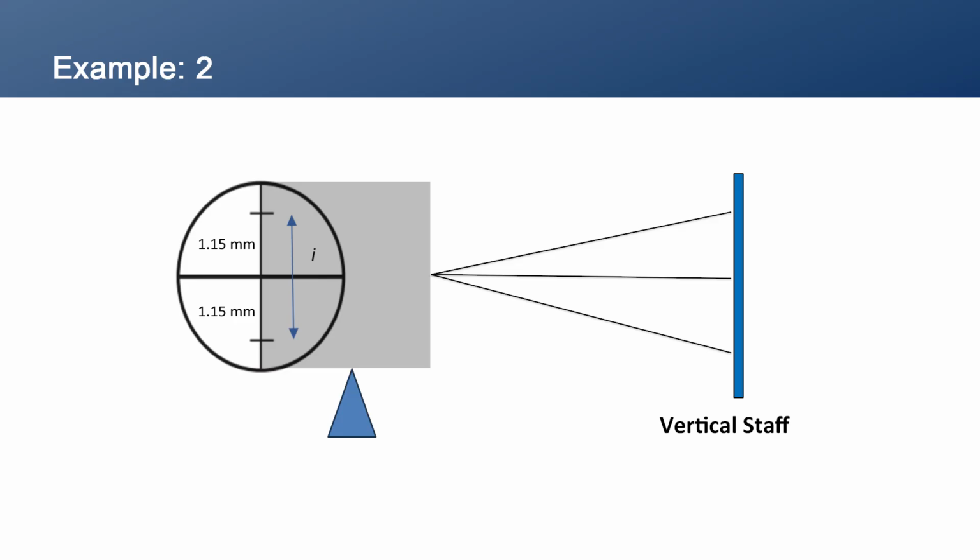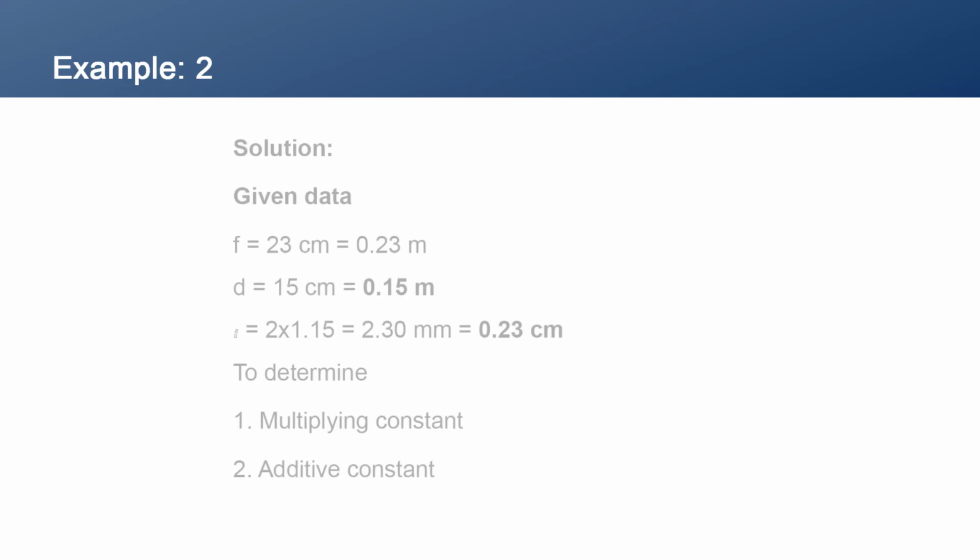So, let us start solving the problem. Let us write down the given data. The focal length of the object glass F is 23 centimeter, which is 0.23 meter. The distance from the object glass to the trunnion axis, small d, is 15 centimeter, that is 0.15 meter. Now, I is equal to 2 into 1.15.